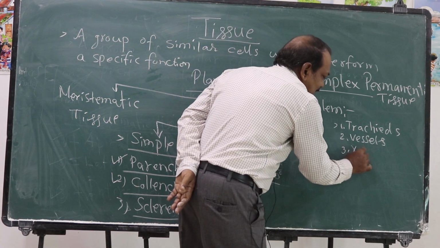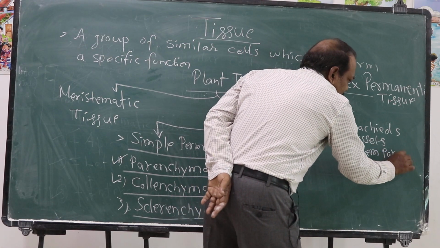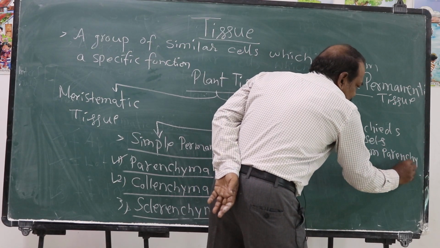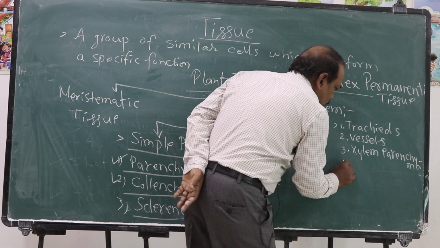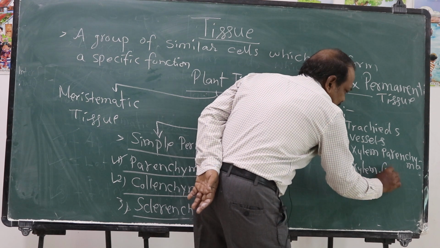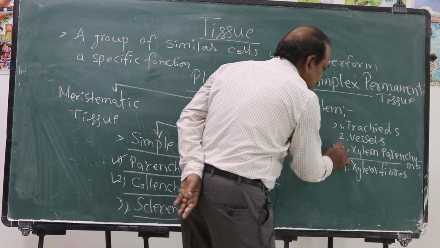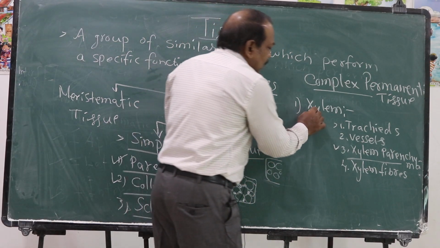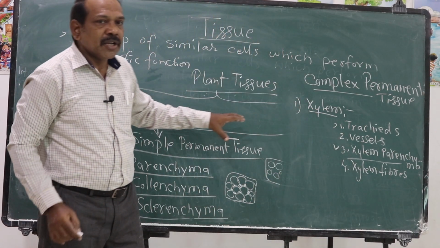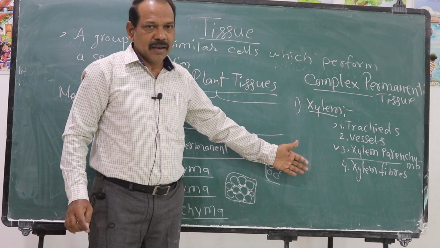Three, xylem parenchyma. Four, xylem fibers. Xylem is a type of complex permanent tissue. Complex because it has four different types of cells in it.